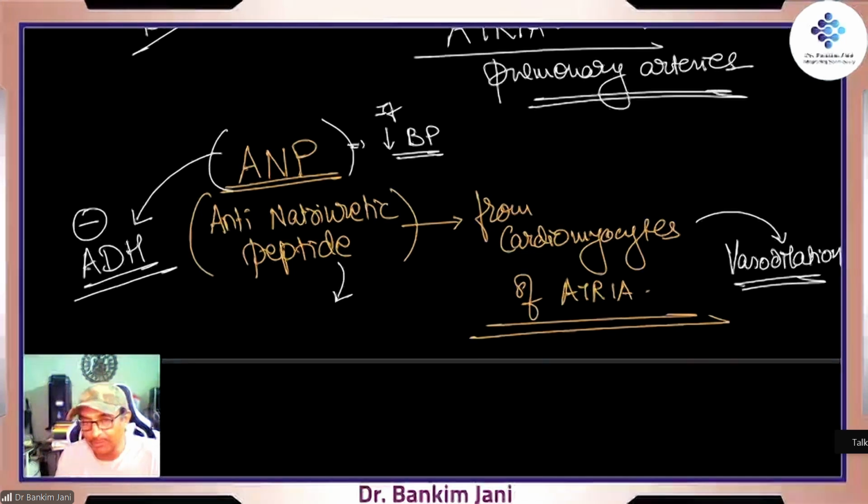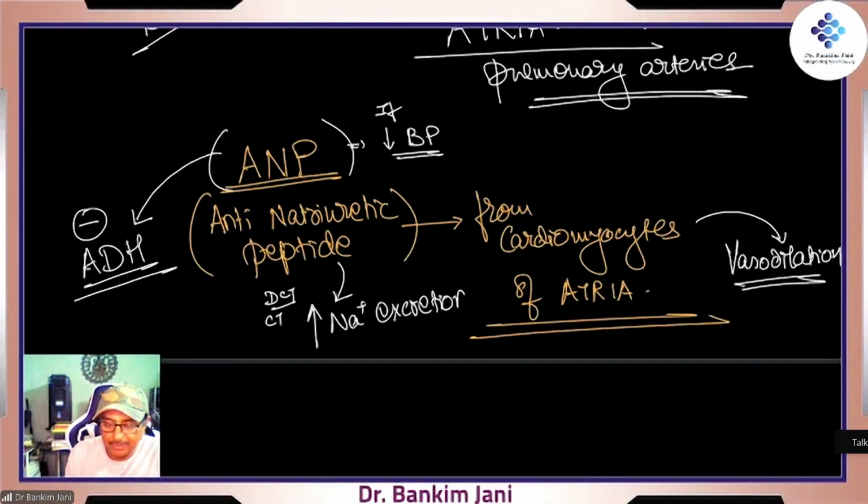It leads to vasodilation. And the third very interesting thing is it acts on the kidneys, the same area, the distal convoluted tubule and the collecting ducts. And what it will do, you must have guessed, is increase sodium excretion. So when there is increased sodium excretion and antidiuretic hormone is not there, the aquaporin V2 channels are closed.